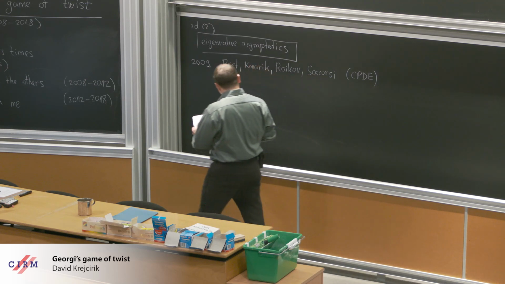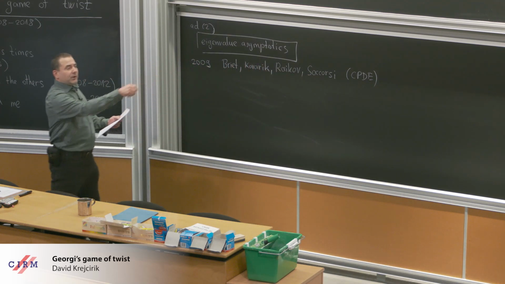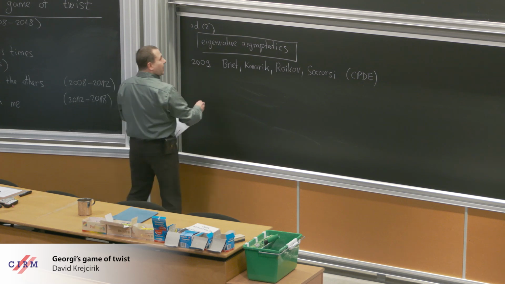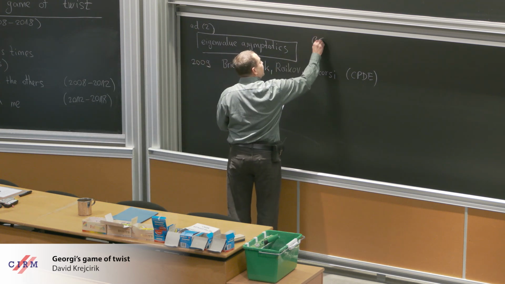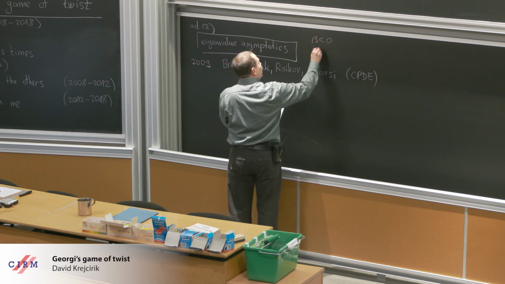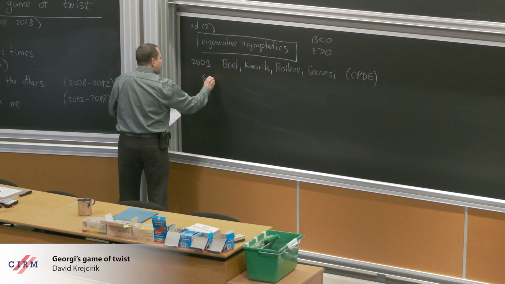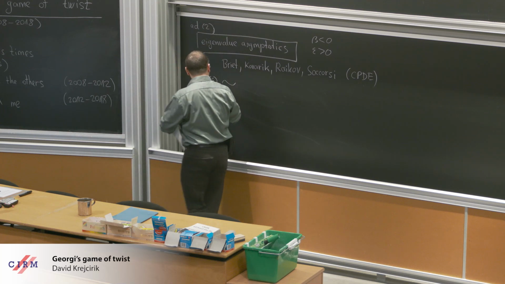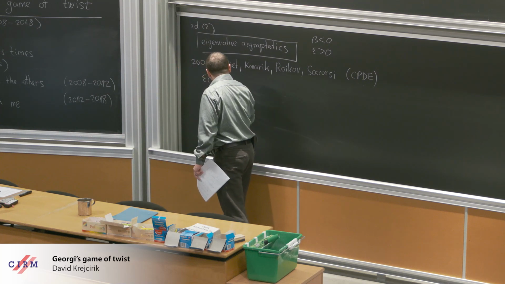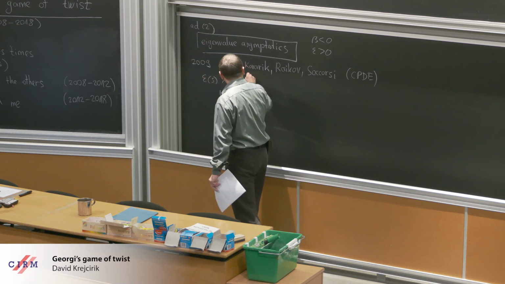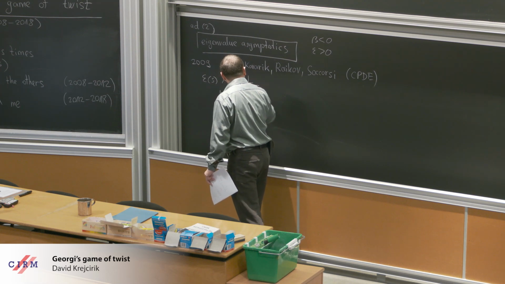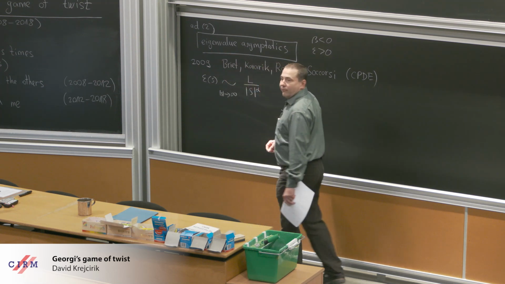And so to keep this convention, let's assume that beta is negative, epsilon is positive, and epsilon behaves as follows. When s is large, it behaves like L over s to the power alpha.